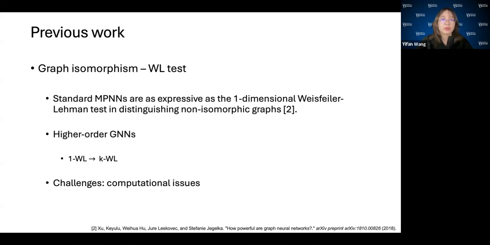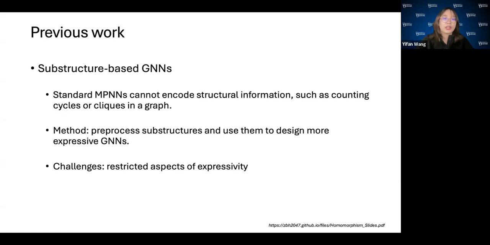But these networks are based on the higher-order WL tests, and such frameworks create computational issues. Therefore, another line of work on the expressive power of graph neural networks is substructure-based graph neural networks.